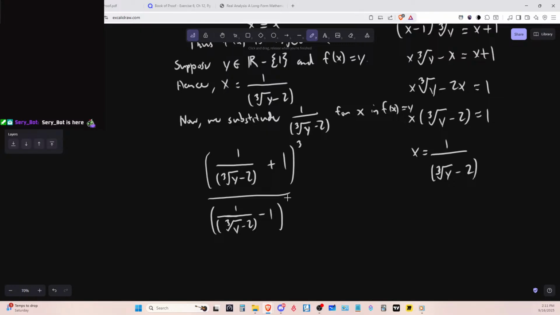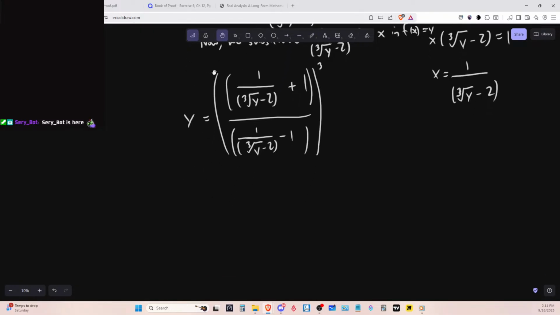That's all to the third power. That doesn't look neat. So just like that. Okay. And this is all equal to y. This should be fun.